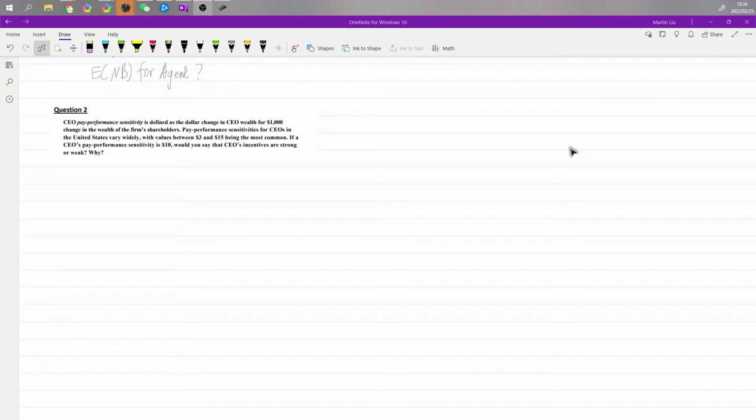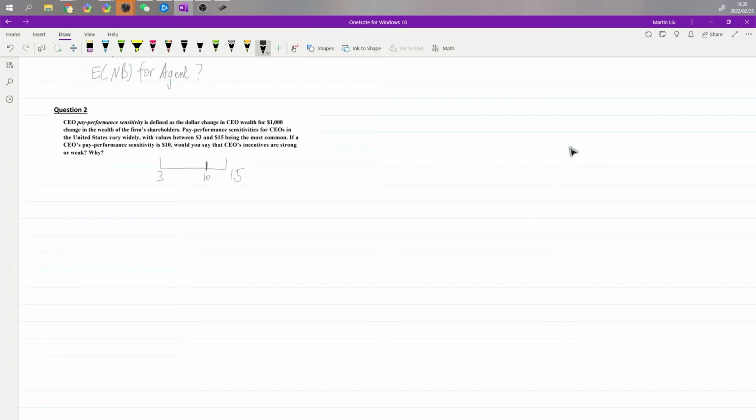It also says that the pay performance sensitivity for CEOs in the United States varies widely, with values between $3 and $15. If the CEO's pay performance sensitivity is $10, how do you think about this? Is this strong or weak? Give a reason. If we look at the range provided, from $3 to $15, that means it's relatively on the stronger end of the spectrum.